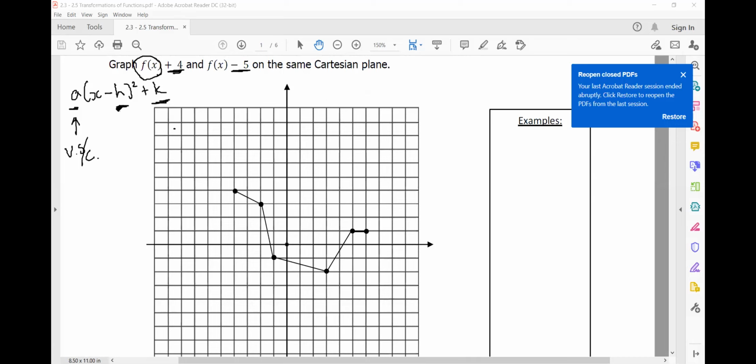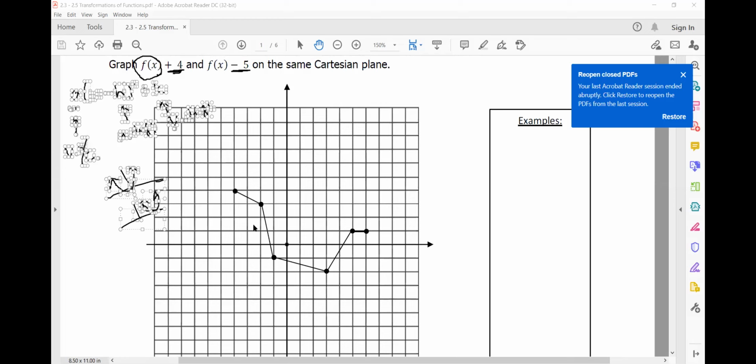No. So that's why we can't use H and K anymore, but it still does transform according to the same system. The H is basically a horizontal shift. It goes left and right because the vertex that used to be 0, 0, if there's an H value, it shifted it left or right, okay? And the K value is a vertical shift. So between these three, I think you can make some parallel.